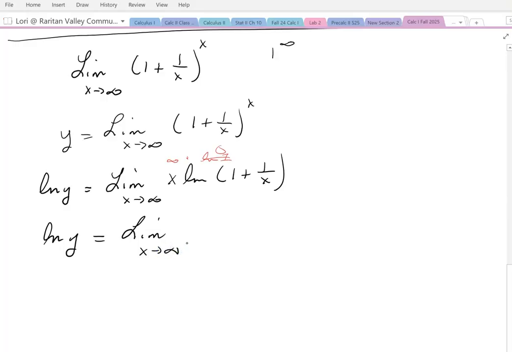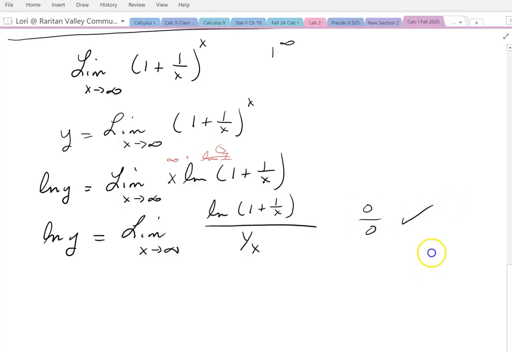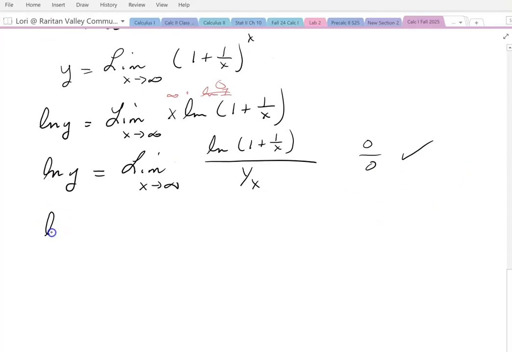Of course, I'm going to do the 1 over x, much easier than trying to take the reciprocal of the other piece. Now I have 0 over 0. Now I can apply L'Hopital's. I write LH to say I am now going to apply L'Hopital's rule.